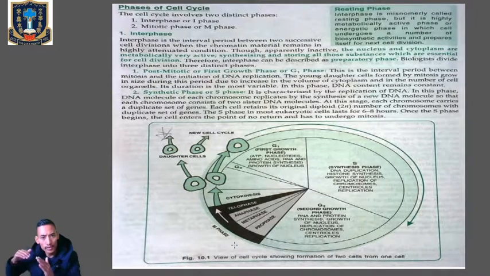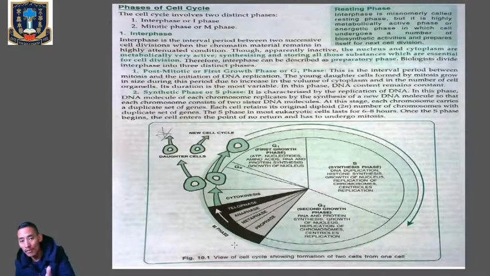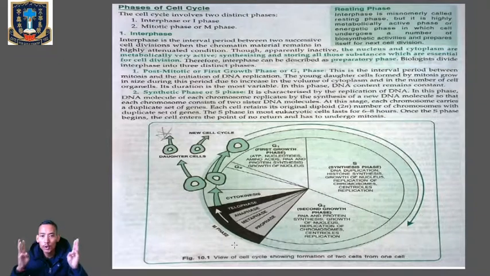Since the cell is preparing itself to enter the cell division stage, it is also called the preparatory phase. Clear? Therefore this interphase is divided into three distinct phases: G1 phase, S phase and G2 phase.